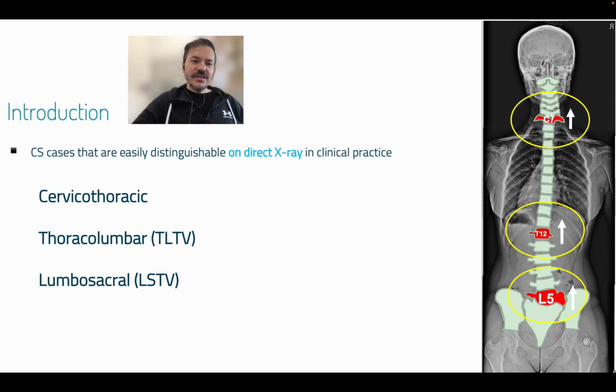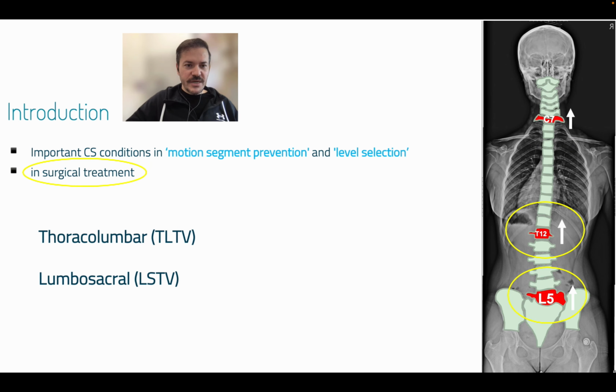And when we say cranial shift, when we look at the X-ray, it is easy to see the cervicothoracic region, thoracolumbar region, and lumbosacral regions. But as clinicians, and for the surgery, for adolescent idiopathic scoliosis cases, it is important for us to look at the thoracic and lumbar portions.